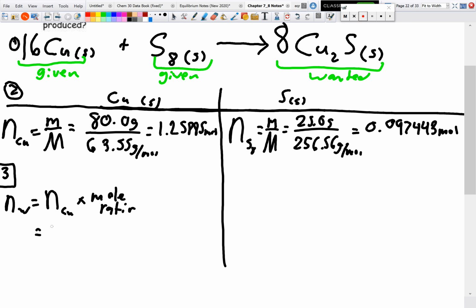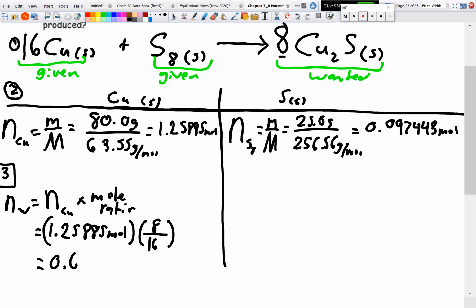So number of moles of our copper, we just calculate 1.25885 mole, times our mole ratio. So the mole ratio right here is wanted over given. So wanted is copper 1 sulfide, so the mole ratio is 8. The given for our copper is 16, so 8 over 16. And we have number of moles for our wanted is 0.629426 mole. So that is for our copper.